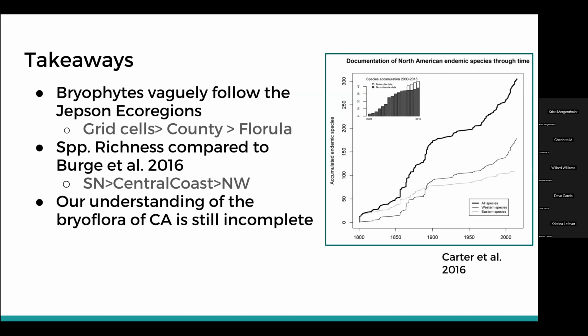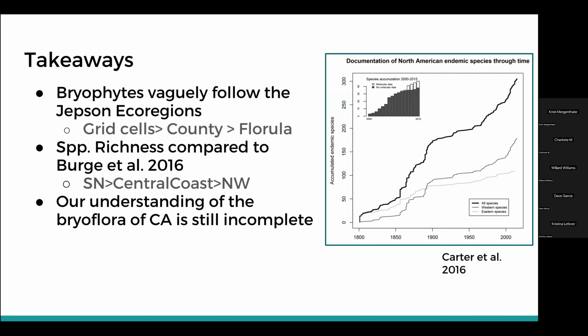And so some major takeaways here. Bryophytes vaguely follow the Jepson ecoregions, as we've seen earlier, where the map that best compares with the Jepson ecoregions is the grid cell map, as I showed you earlier.